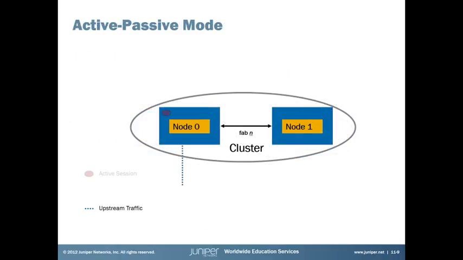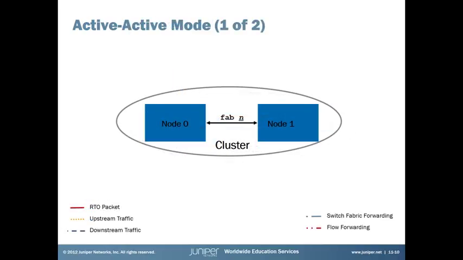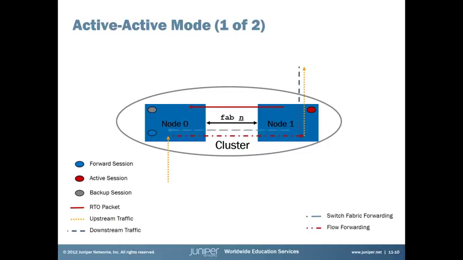Let's look at the active-passive mode. In active-passive, we've got node 0 being the active. We've got the active sessions running on that, and backup sessions running on the other node. We can also have the active-active mode, where we are in fact using the forwarding plane of both devices to forward traffic, and traffic may need to transition from one device across to the other.